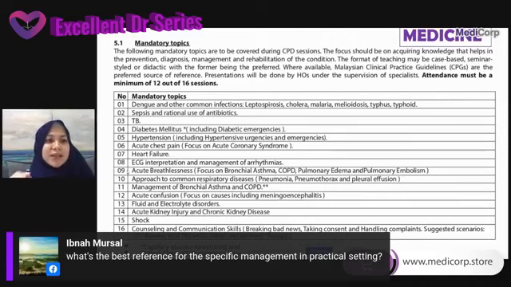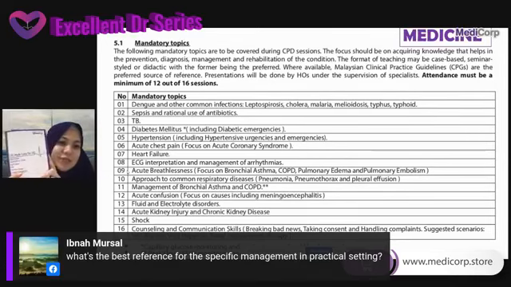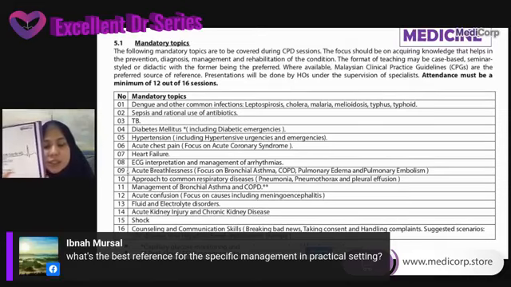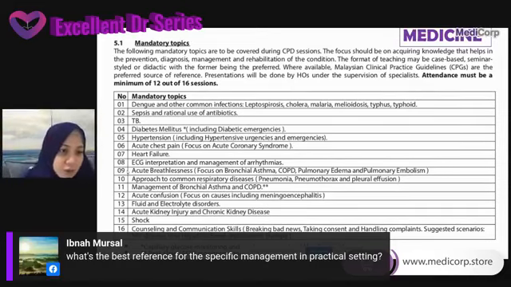And I would recommend this book from Medicorp. CPG Made Easy. So basically this is a simplified version of our CPG. It is recommended for medical graduates and housemen, but when you treat your own patient in the department and for the purpose of your end of posting assessment, you still need to refer to the full CPG.